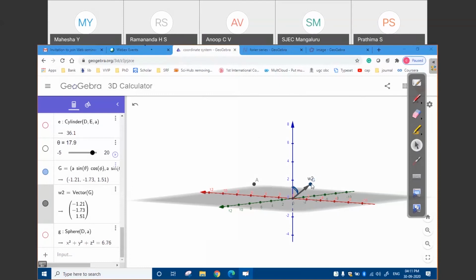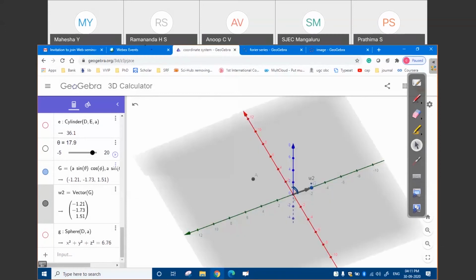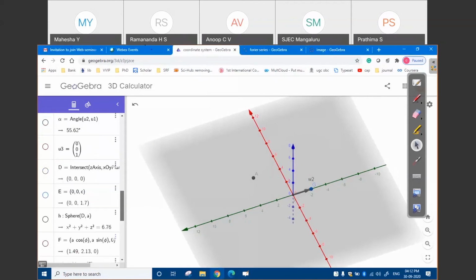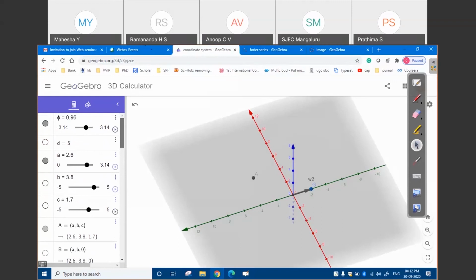Okay, right click here. I have some difficulty here for the time being. Okay, I will show the changes when the radius changes. I'm using A as the radius.